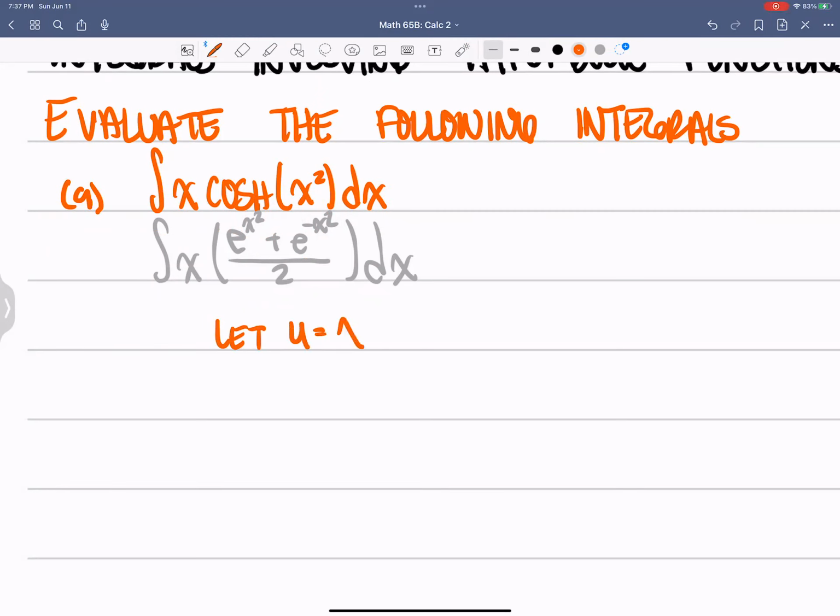So what I really want to do is let u equal x squared. du is equal to 2x dx. Let's start throwing everything back in here.